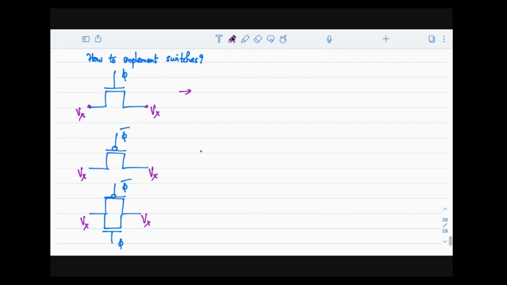Yeah. So the use of NMOS makes sense when this Vx is very small, right? So basically, when we want to equalize small voltages, we can go for an NMOS based switch, right?